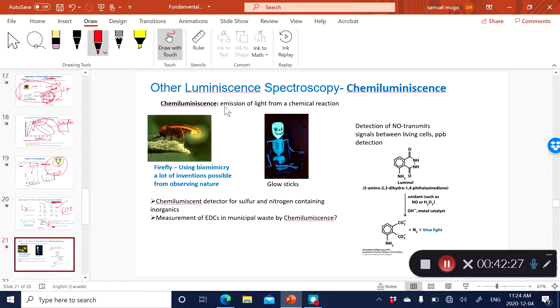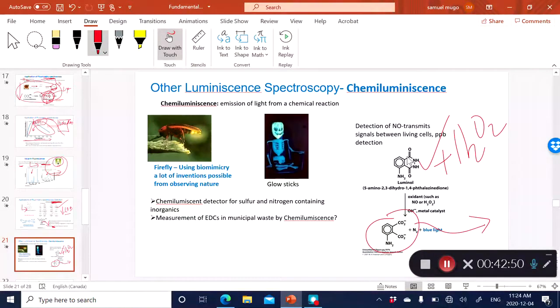With chemiluminescence, as the name suggests, you're getting the emission coming from a chemical reaction. So you do a chemical reaction, such as, you take luminol.